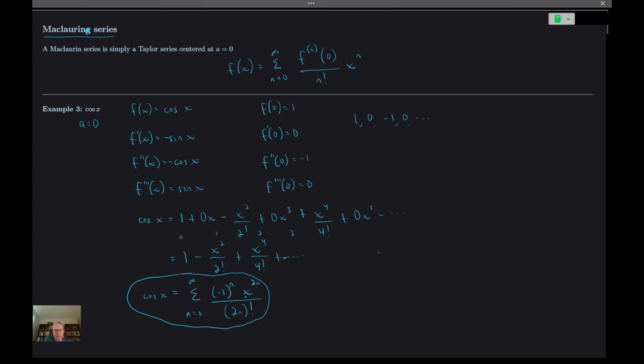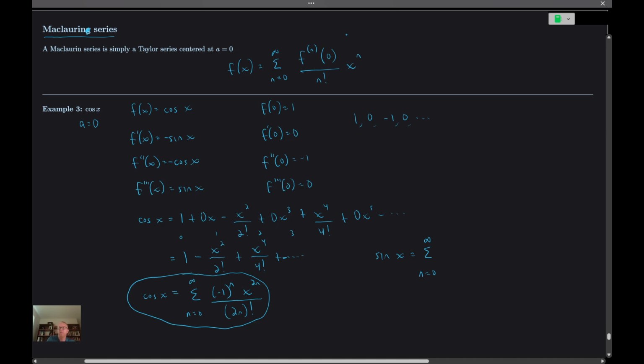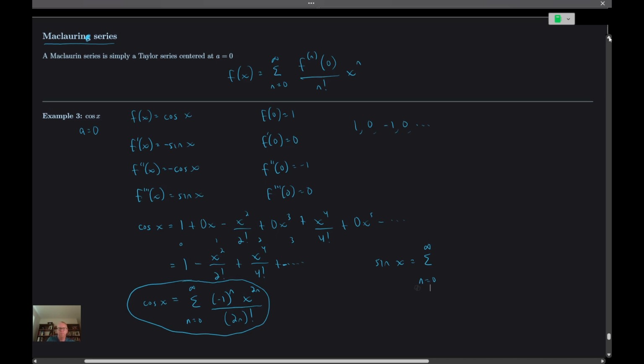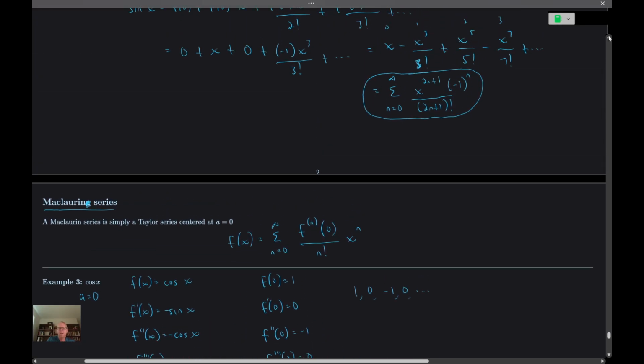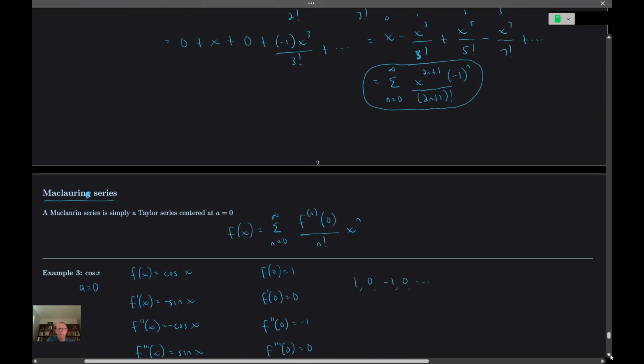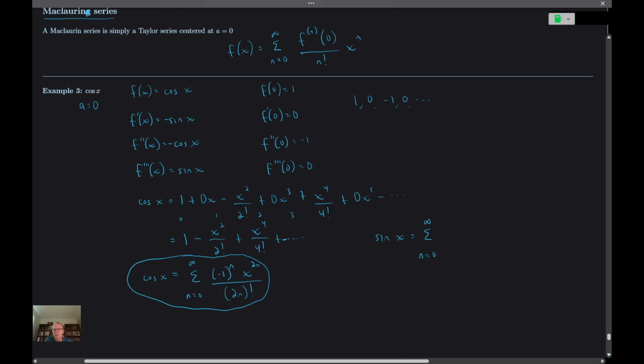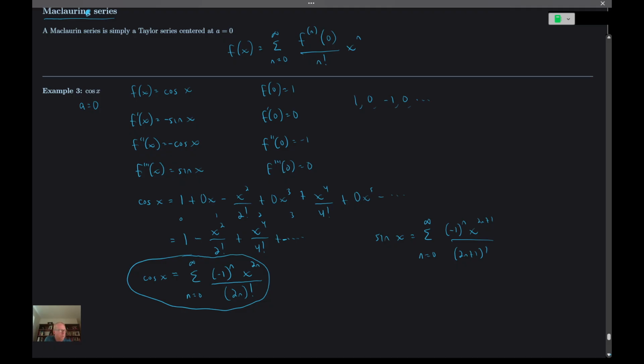If we go back to sine, the sine series was, where did it go? Well, let's scroll back up here. See, I can't remember off the top of my head either. Negative 1 to the n, x to the 2n plus 1 over 2n plus 1 factorial. Okay.